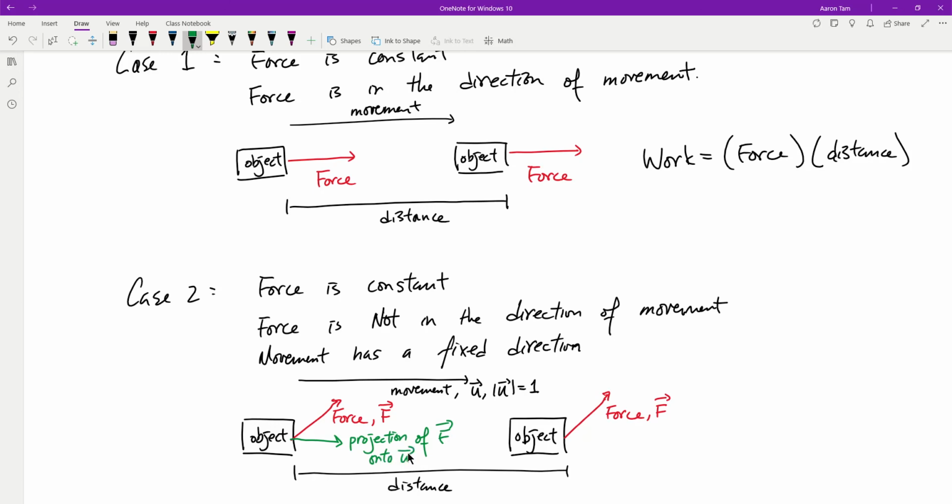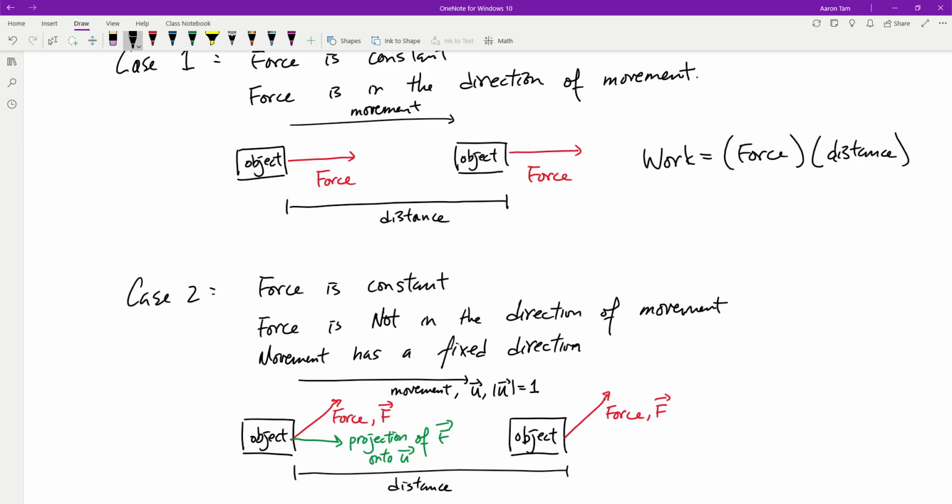Because when you form the projection of F onto the direction u, it will create a force that is in the direction of the movement. And obviously that would not be the entire F, because only part of it forms the component, but it will work. And now comes the big question. Do you remember how to form the projection?